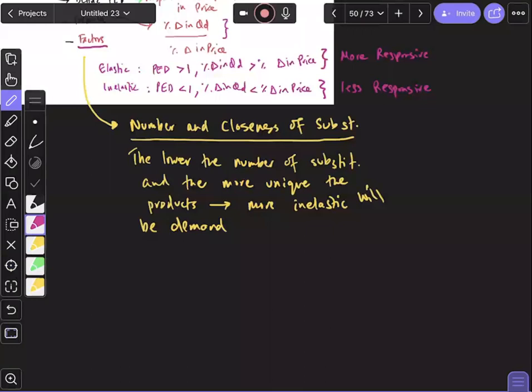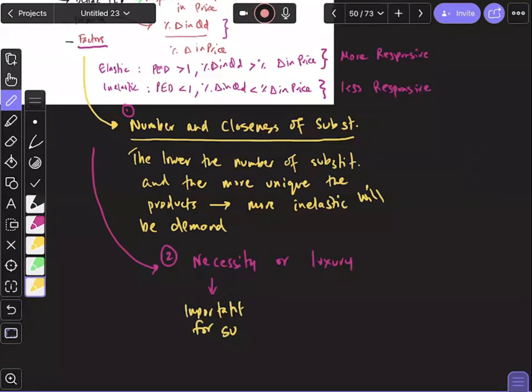The next point, which determines the PED, so this is number one. Number two is whether the good is a necessity or a luxury. What are necessities? Necessities are goods which are important for survival. And if they're important for survival, then one would argue that it's really difficult for us to switch to any other product.